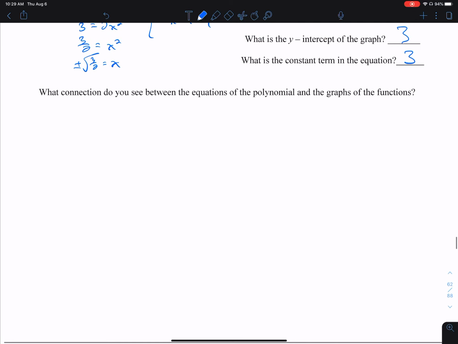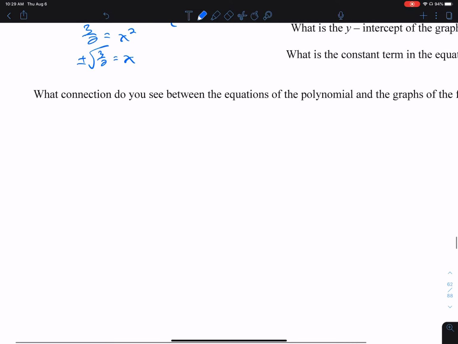To sum up, what connections do you see between the equation of a polynomial and the graph of the function? So let's write some stuff down. 1, the constant term of the polynomial is the y-intercept of the graph.